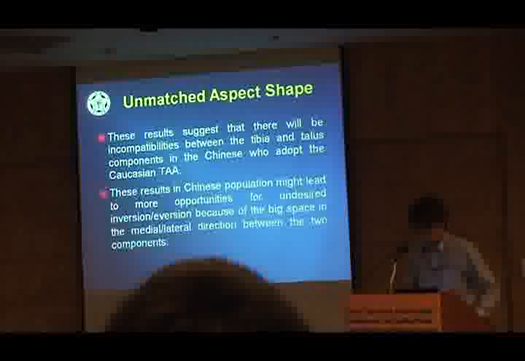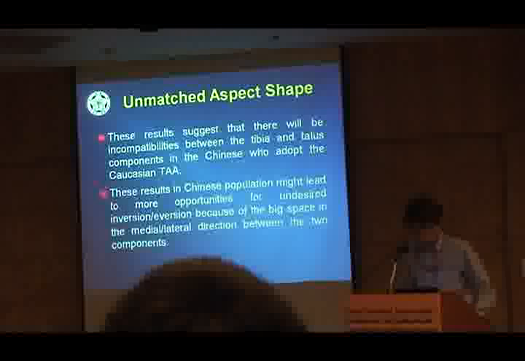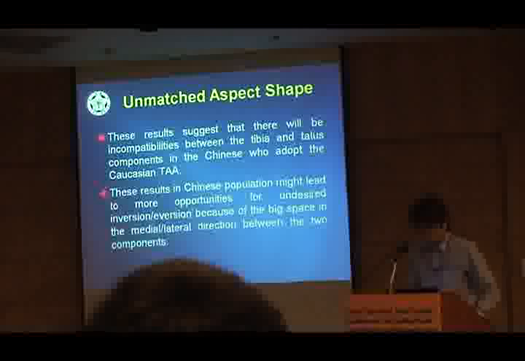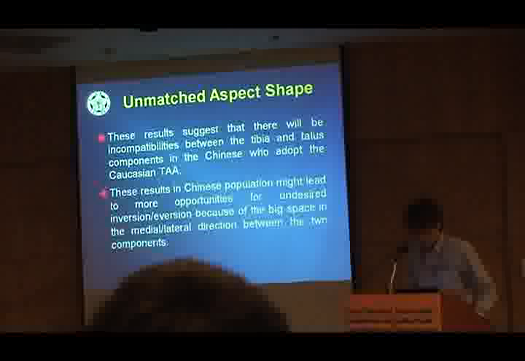So, to conclude, this result suggests that there will be incompatibilities between the tibia and talus components in Chinese patients if Caucasian TAA designs are adopted. And the Chinese population may have more opportunities for undesired inversion because of the big space in the medial-lateral direction between the two components.